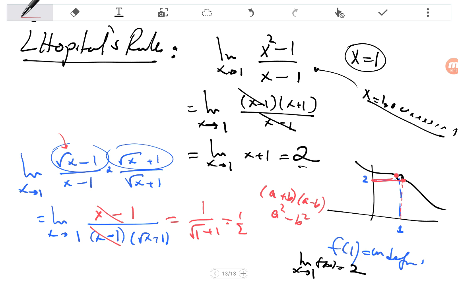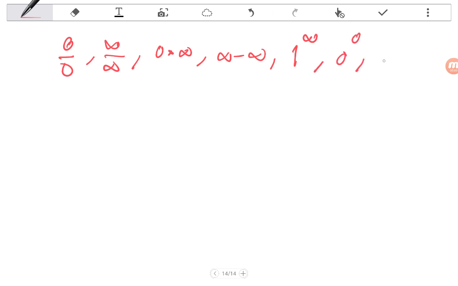L'Hopital's rule tells me that whenever you have an expression, when you make a direct substitution in that expression, and you get one of these forms, 0 over 0, or infinity over infinity, or 0 times infinity, or infinity minus infinity, or 1 power infinity, or 0 power 0, or infinity power 0.